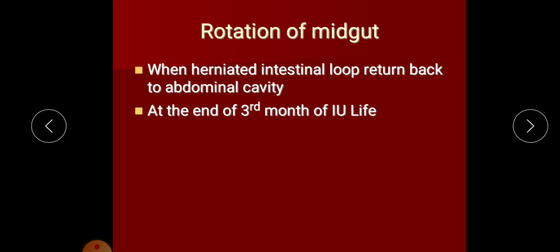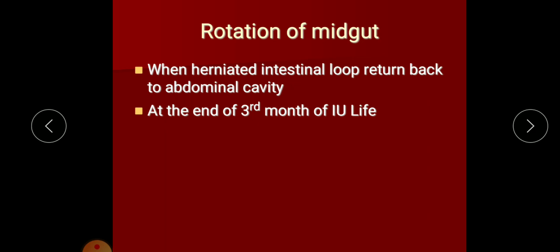This rotation will help the structures to occupy the corresponding positions as seen in a normal adult. For these structures to attain the correct position, that is, the colon, the large intestine, occupying the right side, and the jejunum and ileum occupying the left side, there should be a rotation of the midgut.